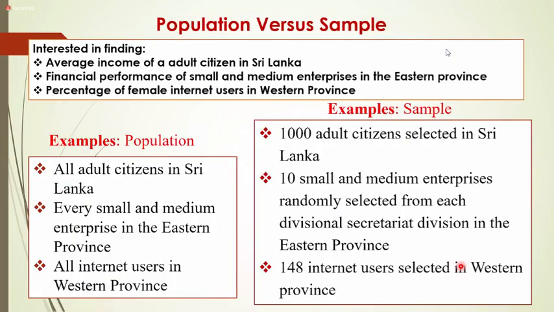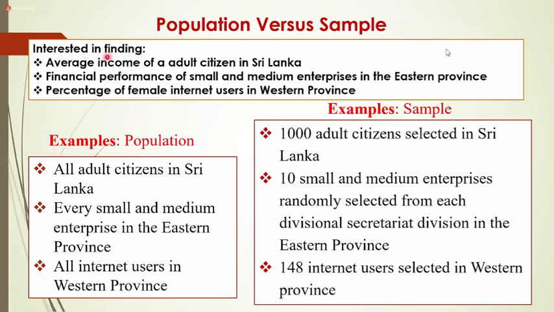Now we are looking at the examples. First, we want to study the average income of an adult citizen in Sri Lanka. How are we going to identify the population? We take all adult citizens in Sri Lanka. What is the characteristic being studied? Income.